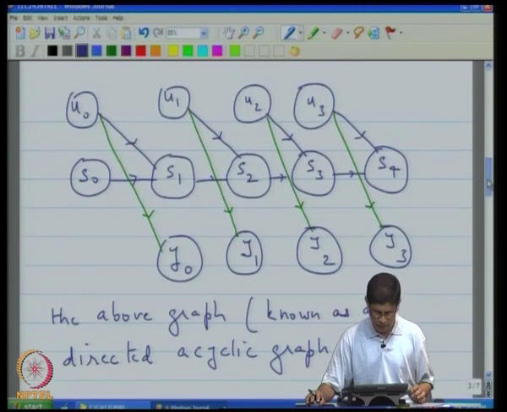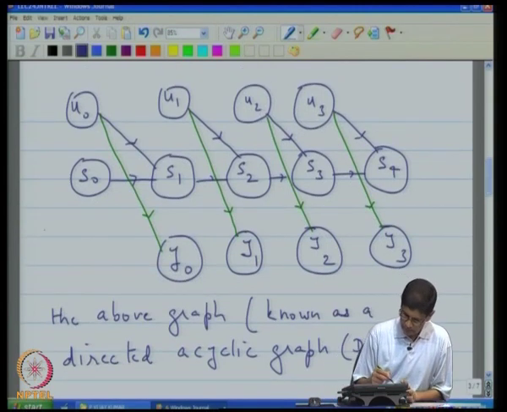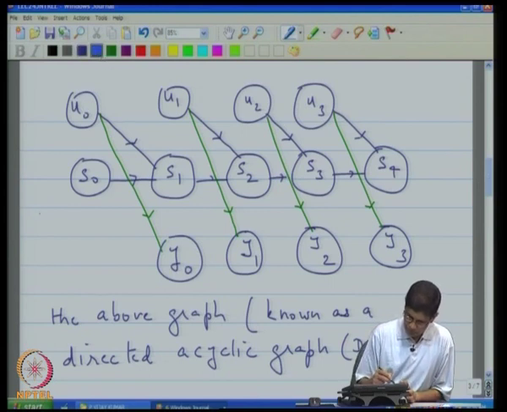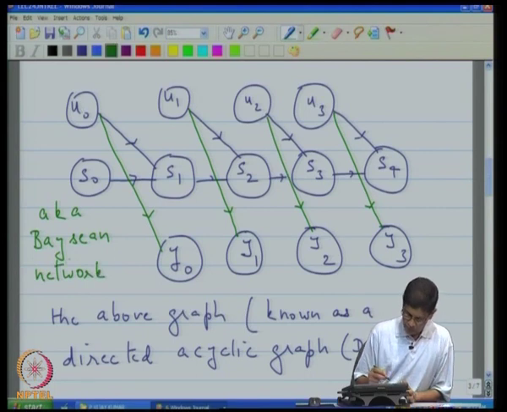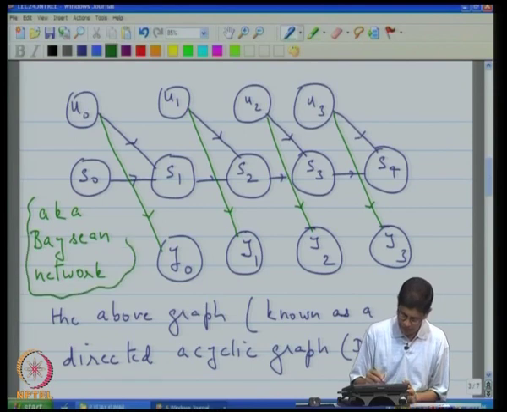This is also called a Bayesian network sometimes, because it tells us how the probability distribution factors.